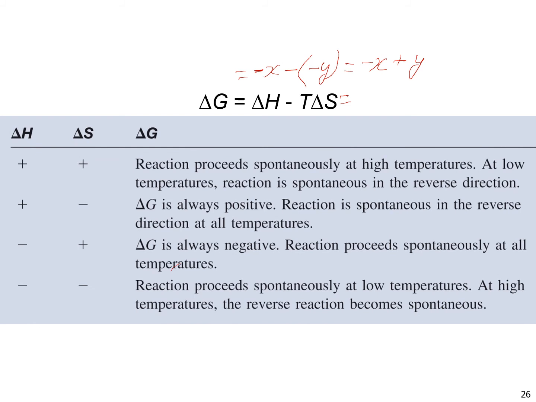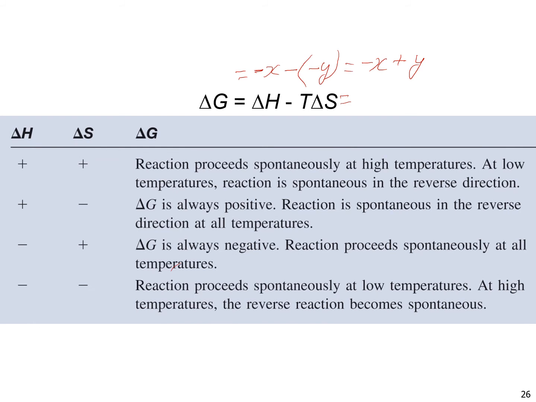So if I want a reaction to be spontaneous, in this case, I want my temperature to be low so that my value of Y is low. So this reaction will be spontaneous at low temperatures, but at high temperatures, this reaction will be definitely non-spontaneous, because at high temperature, my value of Y will be higher. If Y is higher, my value of delta G is going to be a positive value.